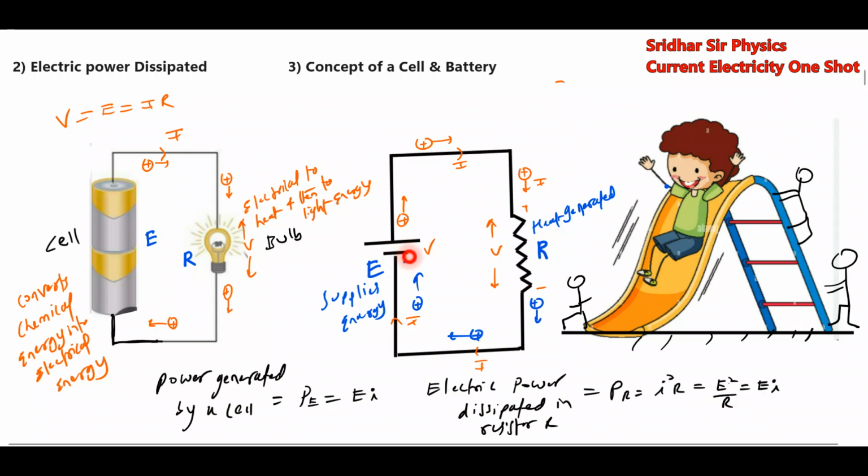The cell will convert chemical energy into electrical energy, and that electrical energy will be carried by the charge, and the resistor will convert that electrical energy to thermal energy. This is how the energy conversion occurs. So the power dissipated in the resistor and the power generated by a cell, these are the formulas.